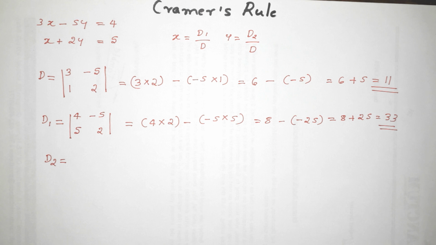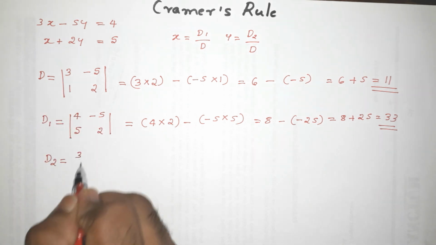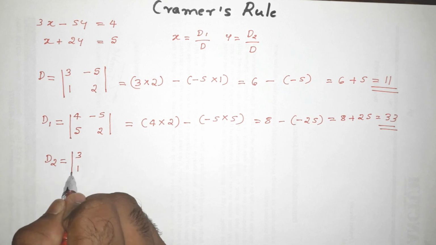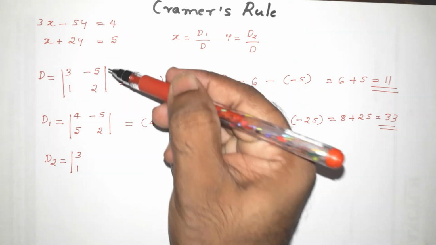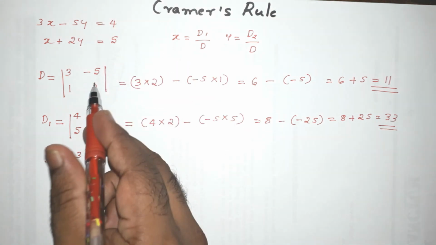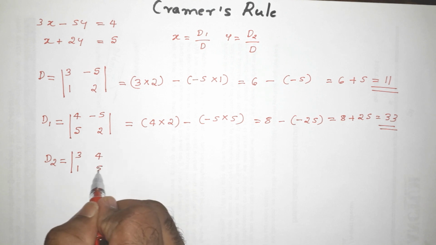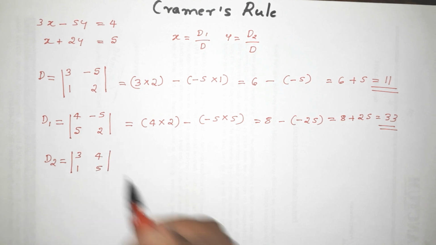While writing delta 2, the first column of delta is the same: 3, 1. Now the second column has to be replaced by the answers. Instead of minus 5 and 2, I will write 4 and 5.